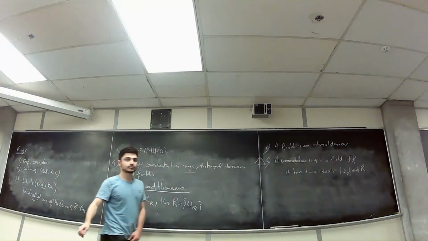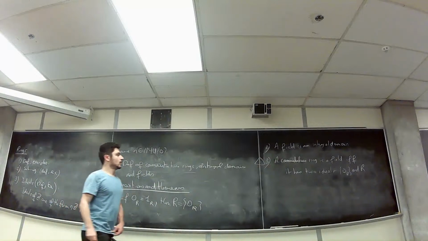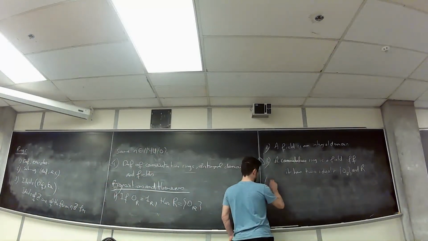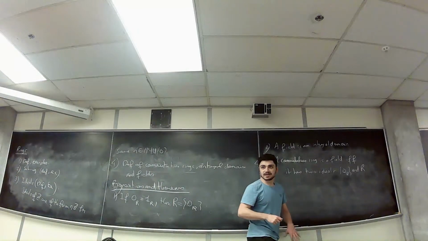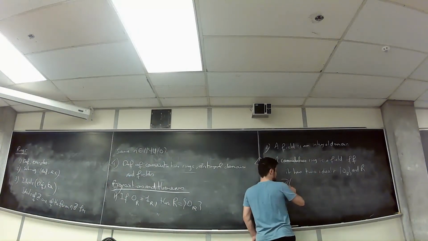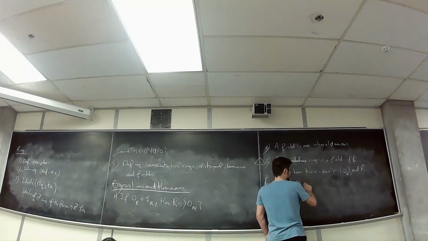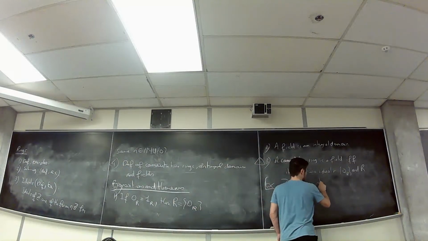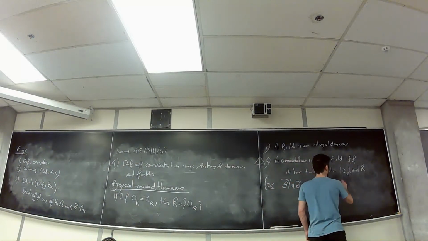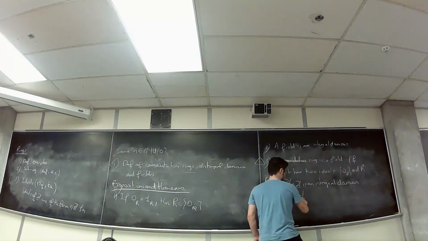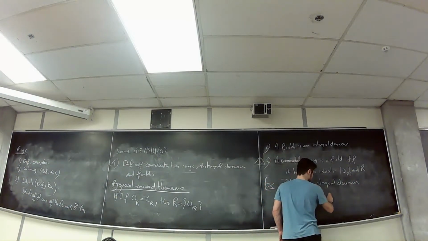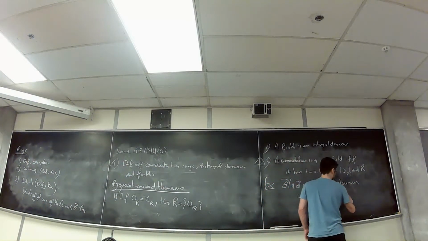Okay. Z mod nZ is an integral domain. I mean, some calculations you may be asked. Z mod nZ is an integral domain if and only if n is equal to 0 or n is prime.